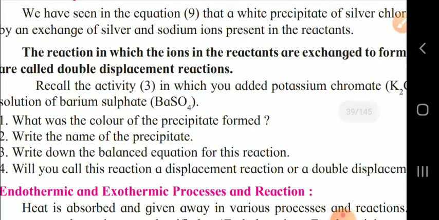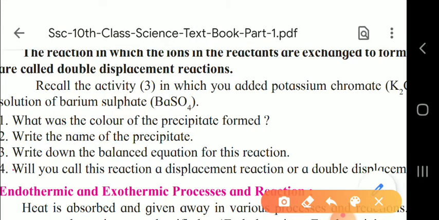K2CrO4 plus BaSO4, that is barium sulfate. You have to pay attention to how it should be written, like r small, C capital.